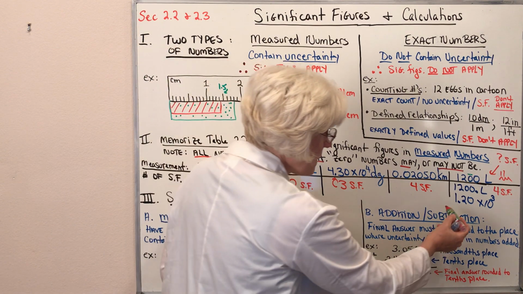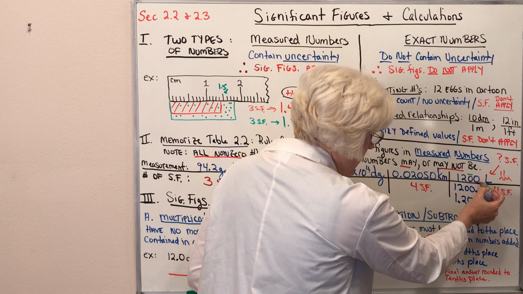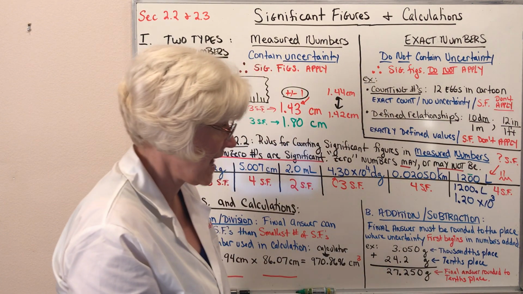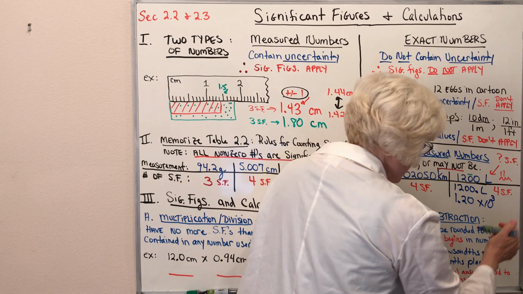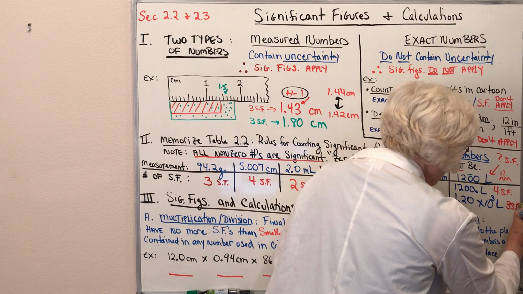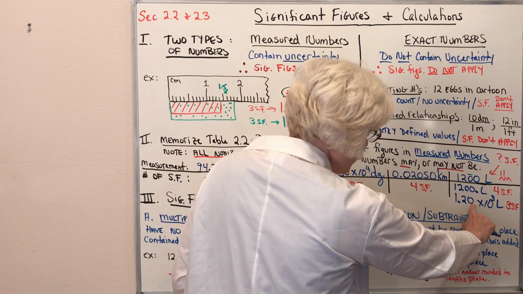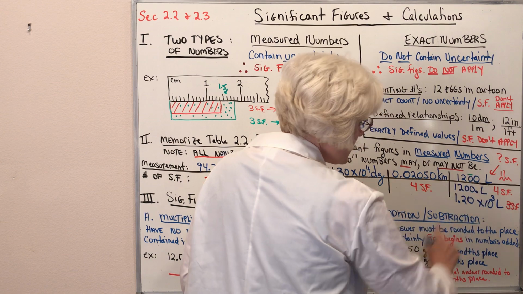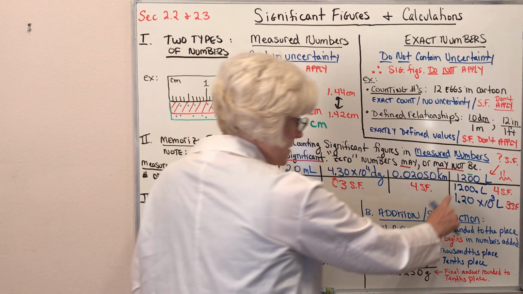And notice the uncertainty here is in the tens place, so I am not including that last zero. This number has 3 sig figs. Let me put that unit in as well. 3 sig figs, indicating it's 1,200 liters, but the uncertainty is in the tens place, not the ones place.